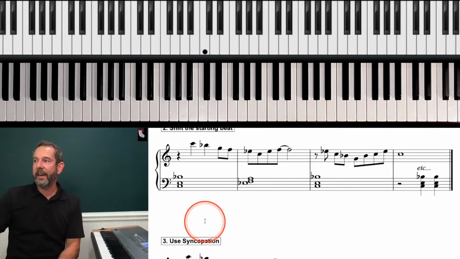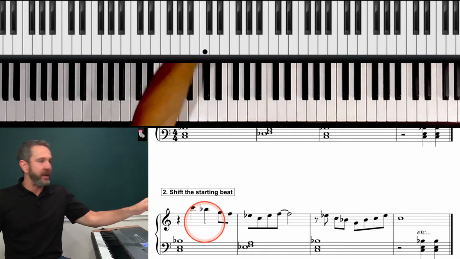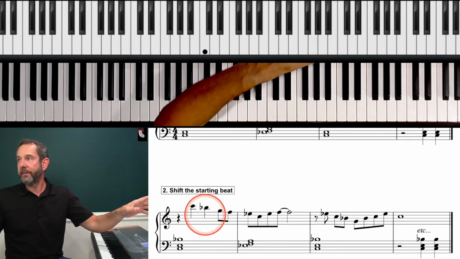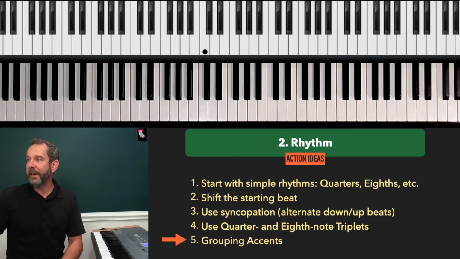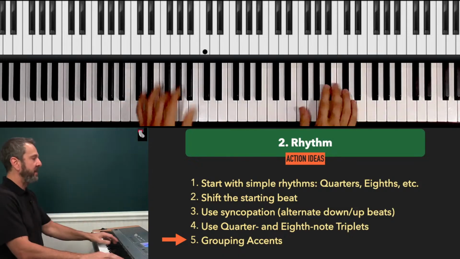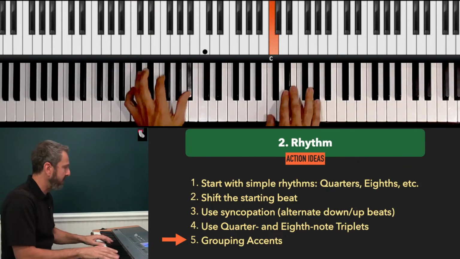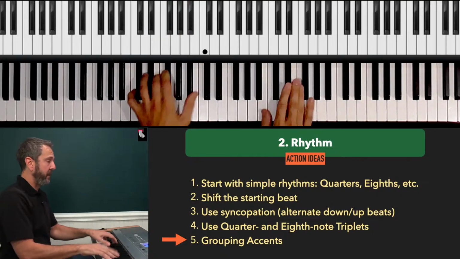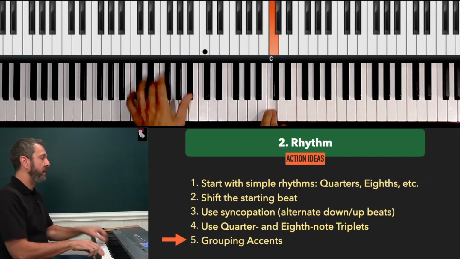Let me just go ahead and kind of go through, and I'm going to play each one of them in succession, okay? So let's go back over here. We're going to have all 5 of these, and I'm going to show you what it sounds like with all 5. Simple rhythms. Shifting.